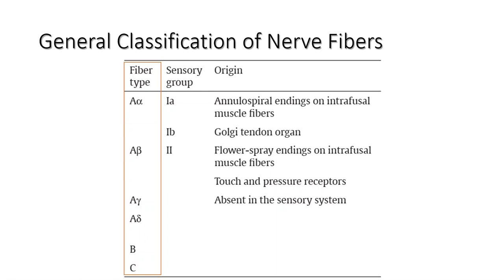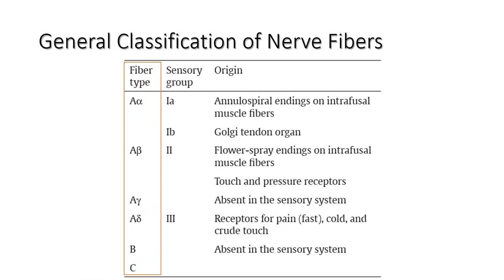A delta fibers. These are group 3 fibers in the sensory classification. Type B fibers. These are also absent in the sensory division of the nervous system. Type C fibers. These are group 4 fibers in the sensory classification.